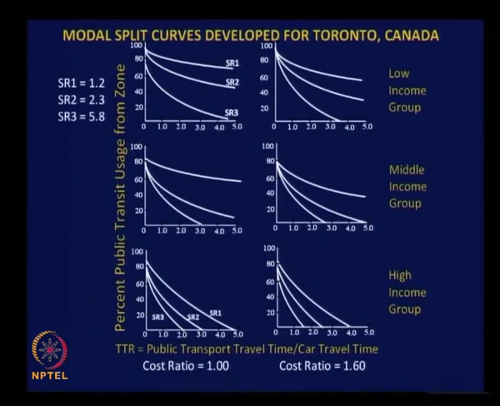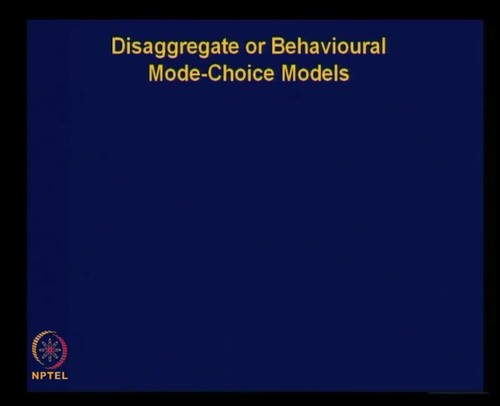You treat every individual traveler as an independent entity and then take their characteristics into account in your mode choice modeling process. That is what is implied by this particular point. So with this understanding, let us look into some basic aspects related to disaggregate or behavioral mode choice models.